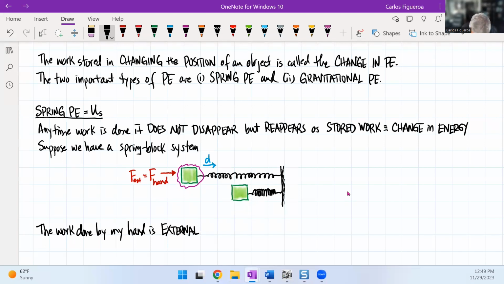And because it's external, it increases the energy of the system. The work of the hand increases the energy of the system.